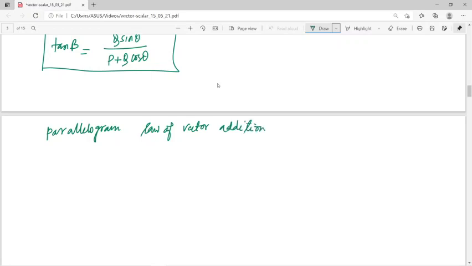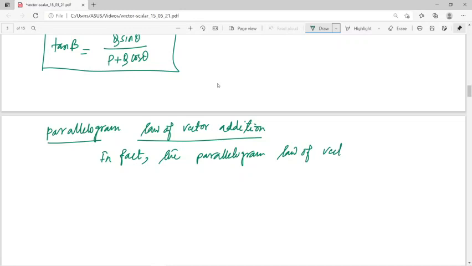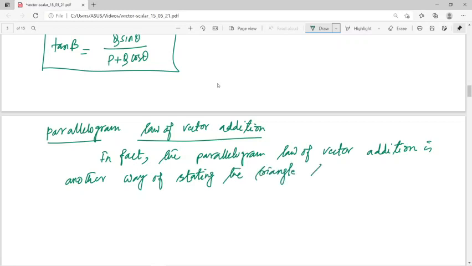In fact, the parallelogram law of vector addition is another way of stating the triangle law of vector addition. And it also states the same thing but in a different way.